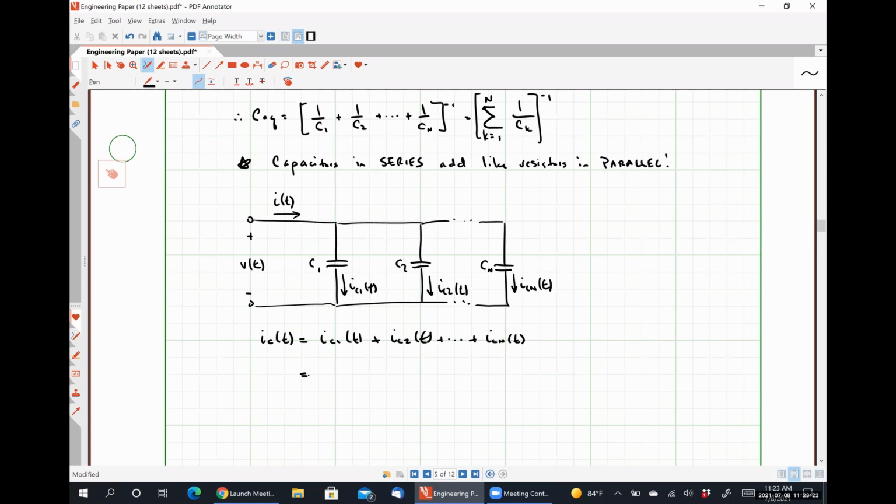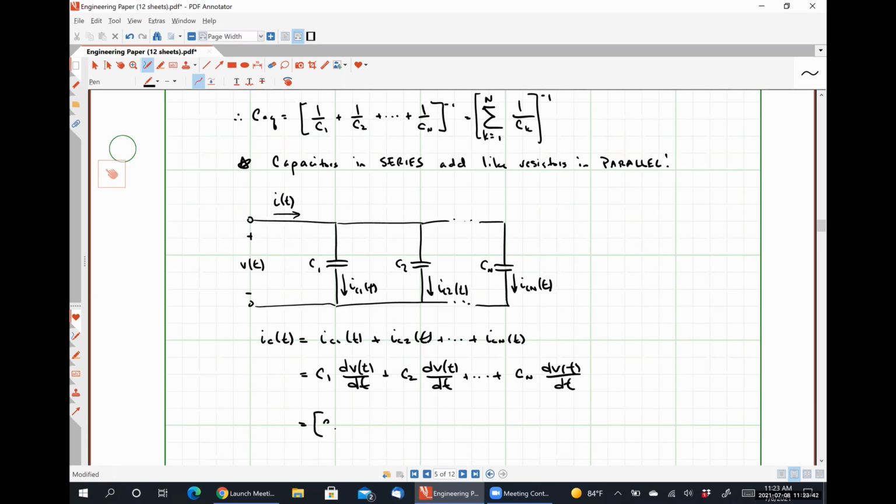So that would be C1 dV by dt plus C2 dV by dt plus Cn dV by dt.